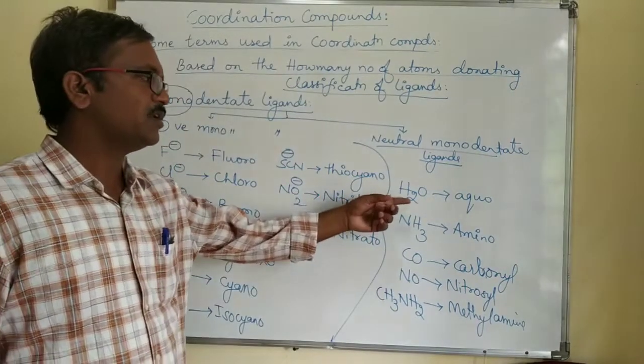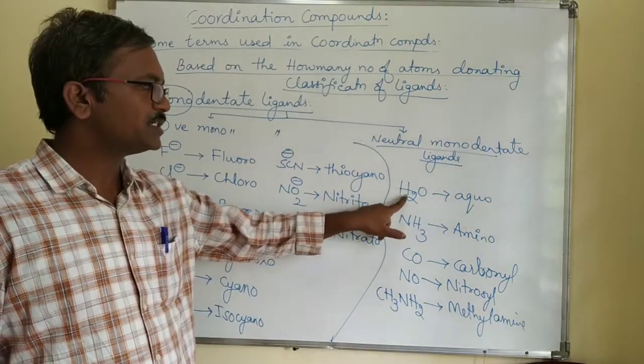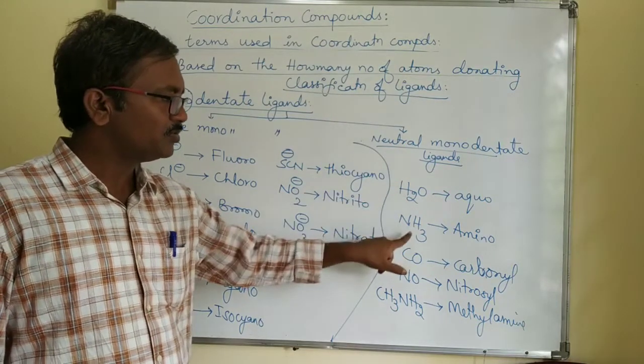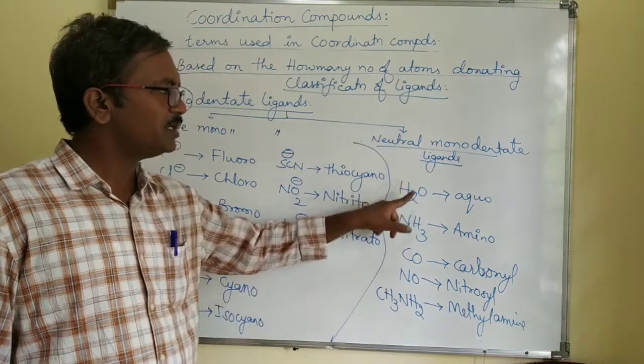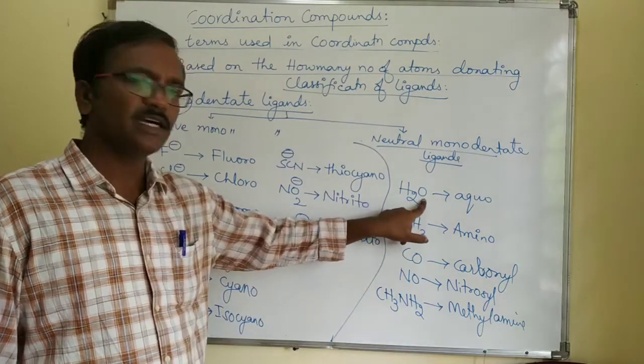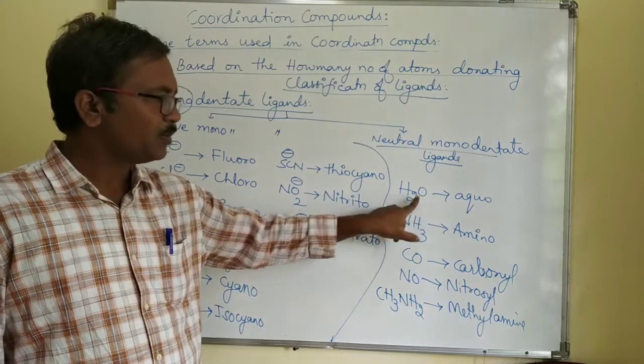In water, only oxygen donates, not hydrogen. In ammonia, nitrogen donates. Neutral means there are no charges, but it is monodentate. Which atom donates the electron pair? Oxygen donates the electron pair, not hydrogen.